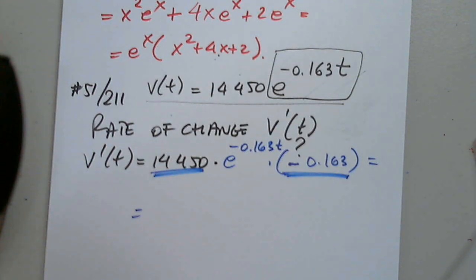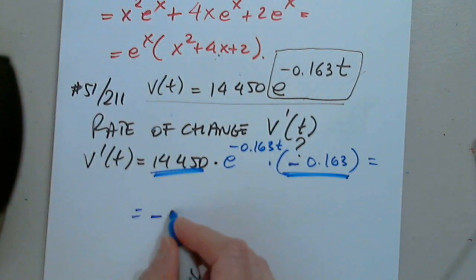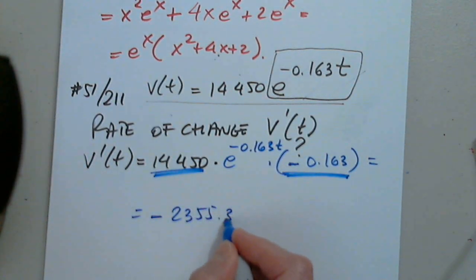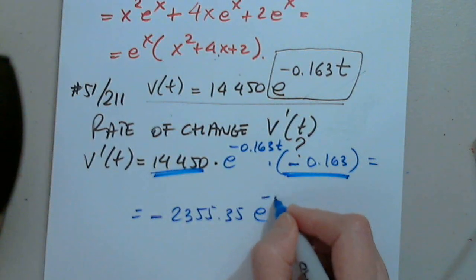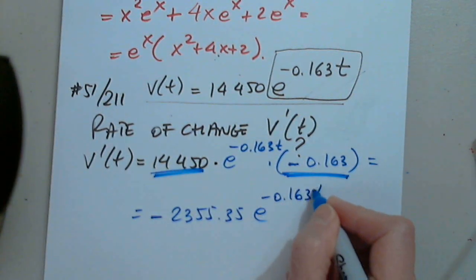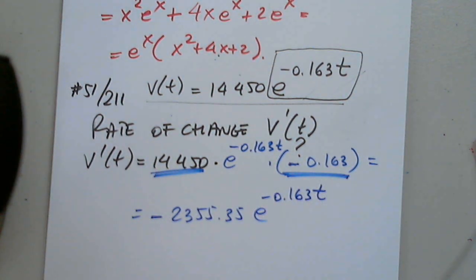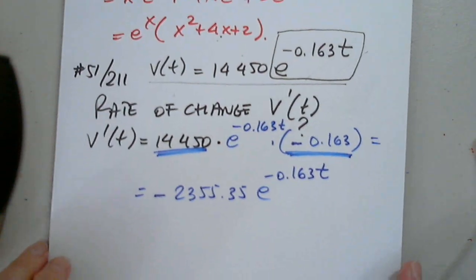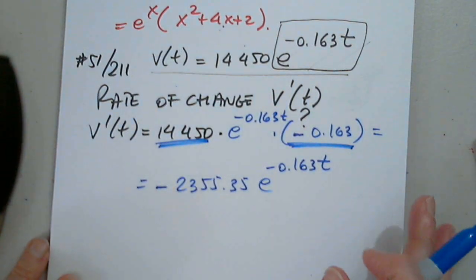So enter. So minus in front, 2355.35 times e to the negative 0.163 t. Awesome. So this is the rate of change.